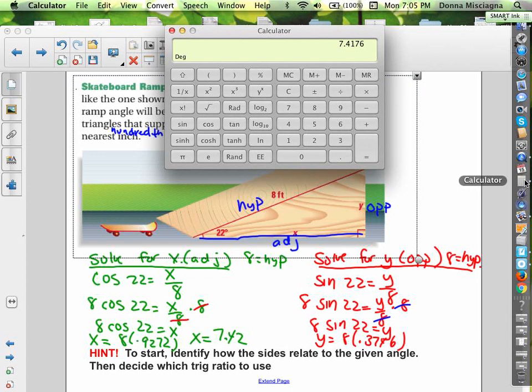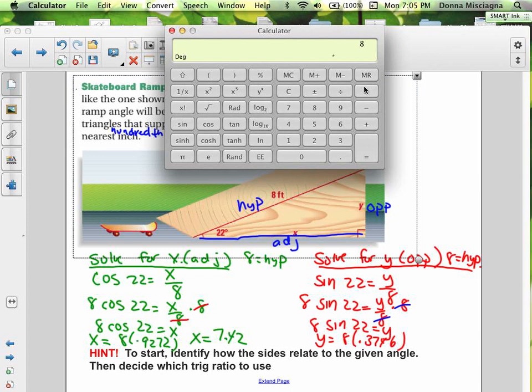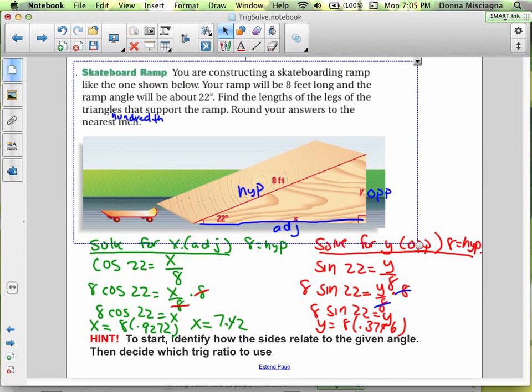So 8 times 0.3746 is 2.9968. Well, we said we would round to the nearest hundredth, and so that's going to be 3. So our answer here for y is 3. And then we have solved for our missing sides.